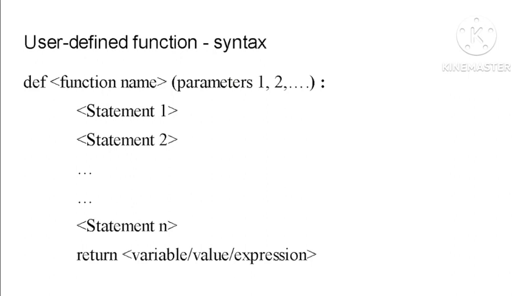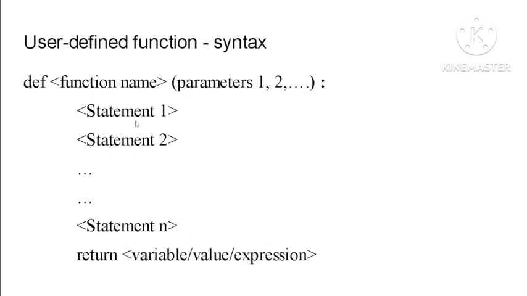The rules are the same as the rules for identifiers. The name should be given like how you do it while naming a variable. So the function name is also the same. It should not contain any special characters, no space allowed and all that. Then you give an open and close bracket and put a colon.